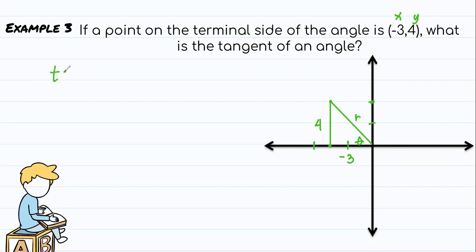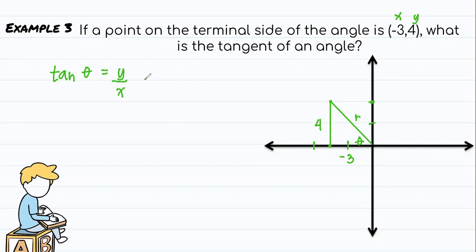So tangent theta is equal to, recalling the formula, y over x. Since we do not need the value of the radius, all we need to do is to substitute the given.